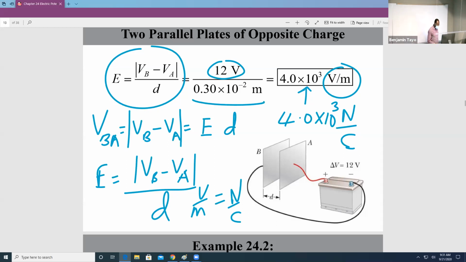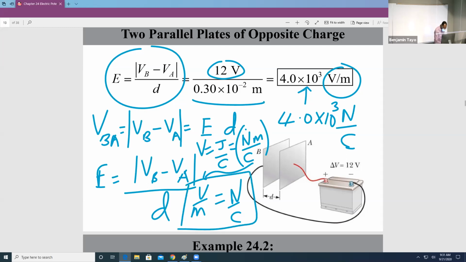So all of that together derives it. That's correct. So we know volt is joule per coulomb, right? And joule per coulomb is Newton meter per coulomb. If you substitute this here, then you should be able to prove that 1 volt per meter is the same as 1 Newton per coulomb.